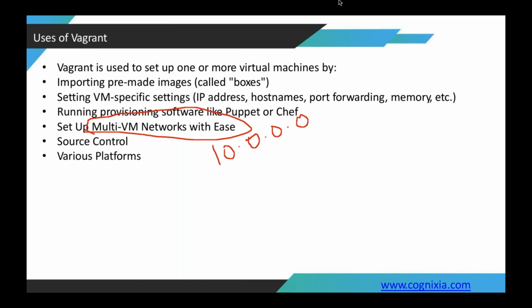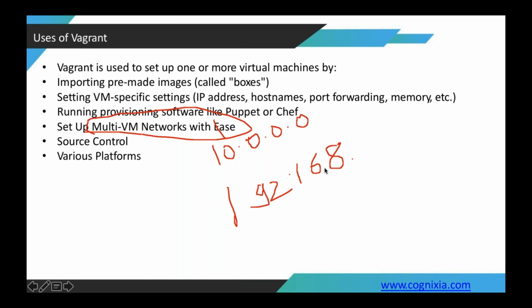Now, if I wanted to use, let's say, something like the 192.168 range, like this, what Vagrant will do is it will basically create a virtual network card, through which I can assign any IP address that I want to my virtual machine.